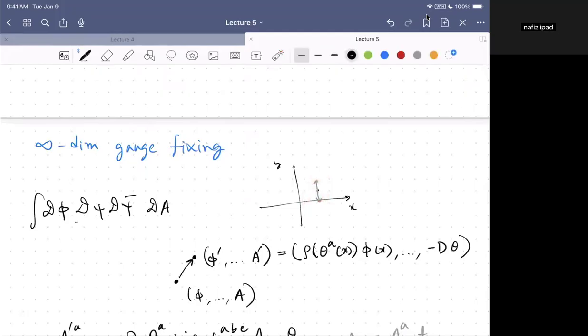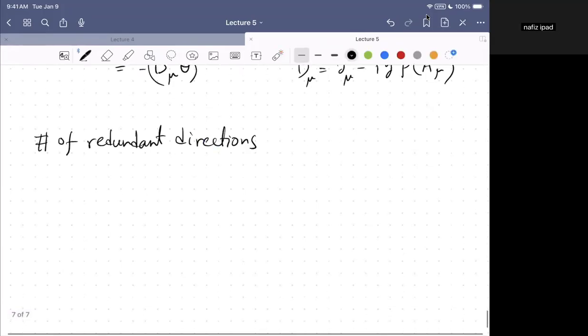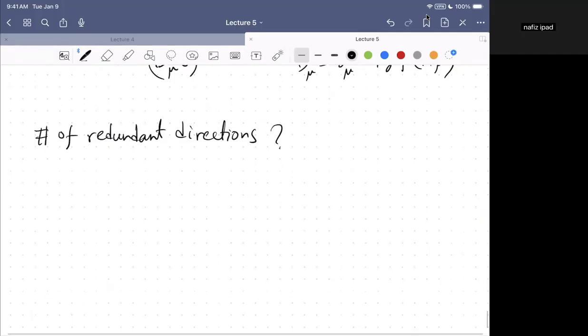Here you only had one, right? You could vary y in a positive direction or negative direction. So plus minus doesn't give you any new direction. It's just the opposite direction on the same axis. So we will not worry about plus minus, but disregarding plus minus, how many redundant directions do we have?